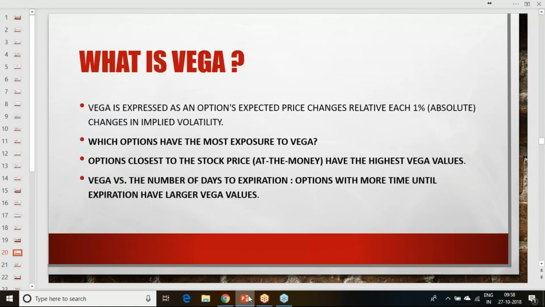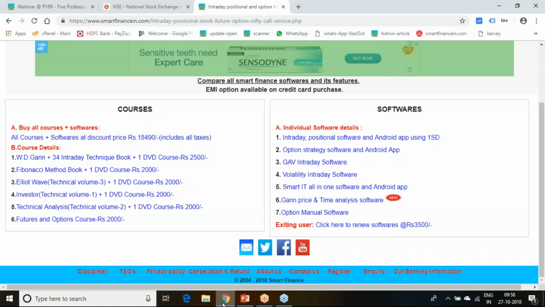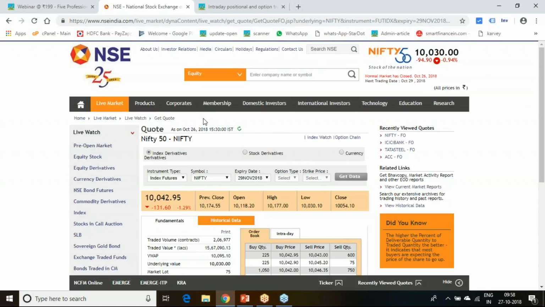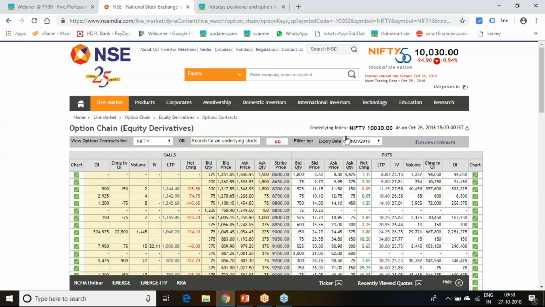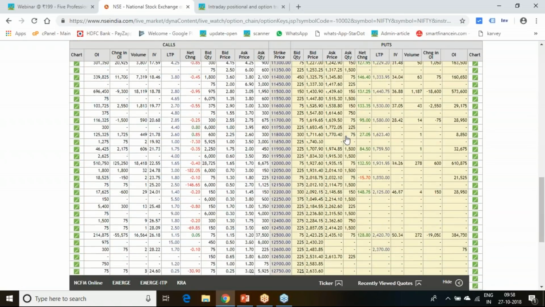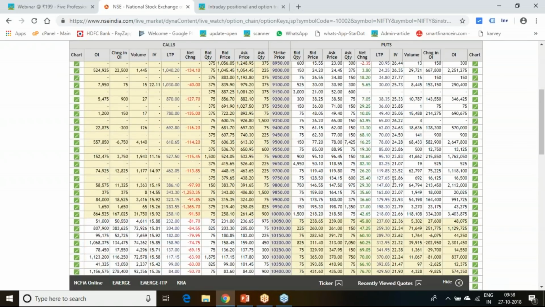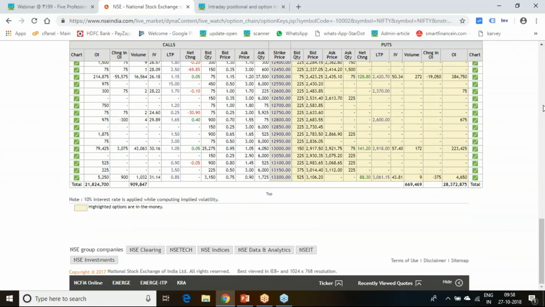And coming to the put call ratio and the open interest, this also is a very valid concept, and Smart Finance has some uniqueness for that. Whenever we talk about the put call ratio (PCR), it can be calculated in two different ways.